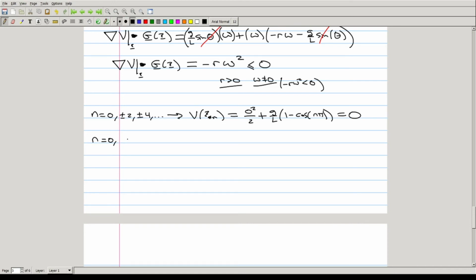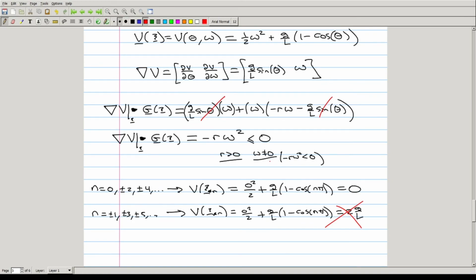But this has a physical reason as well. This is equal to 0 squared over 2 plus g over L times 1 minus cosine of n pi, which is 2g over L. So it violates the first condition here for the odd integers n.